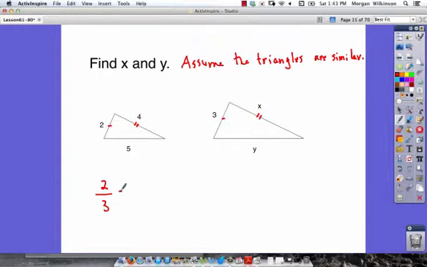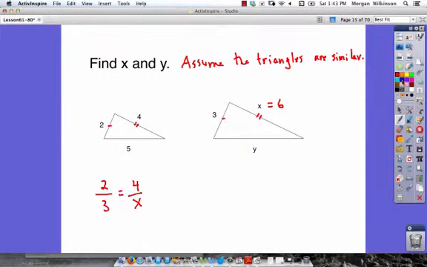So this is going to be equal to the 4 and the x. Now the way we can figure this out, 2/3 is equal to 4 out of x. If you double 2, you get to 4. So if you double 3, you get to 6. So x must be equal to 6. And we found our first answer.